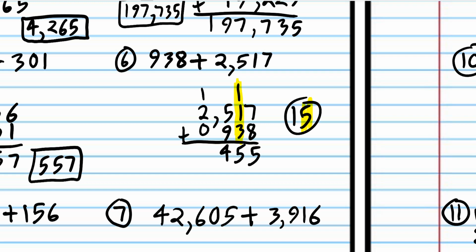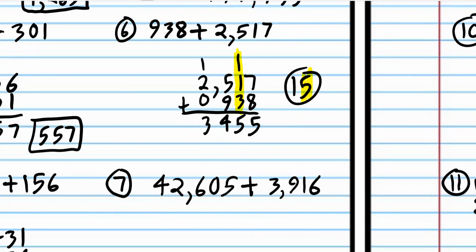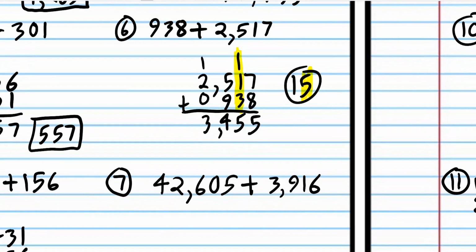Well, technically you can keep the 0 there, but you get the point. All right. Count 3 places over. 1, 2, 3. There's your comma. And let me get rid of this stuff. So the final answer is 3,455.